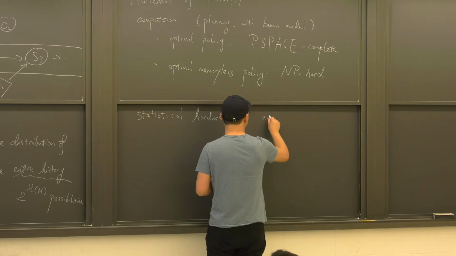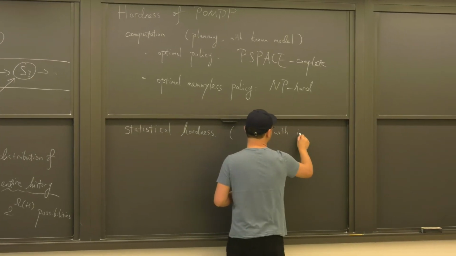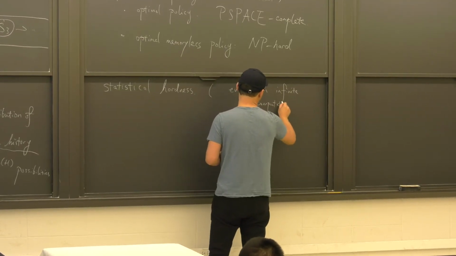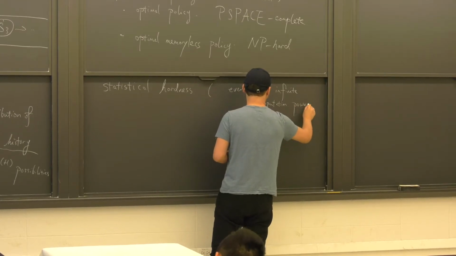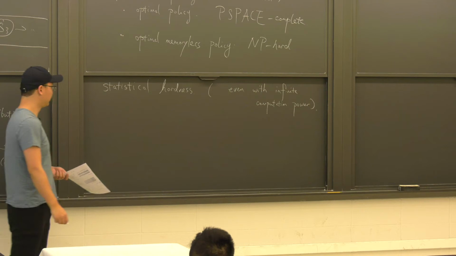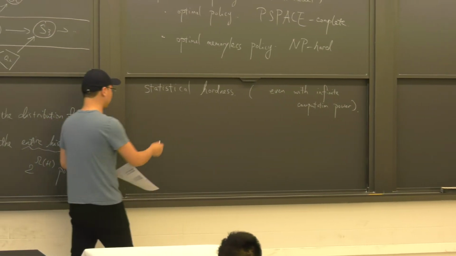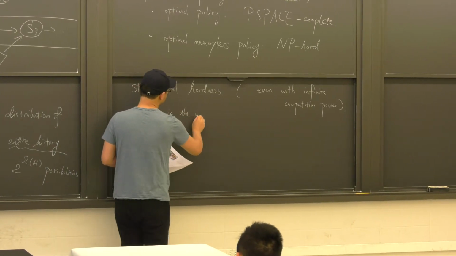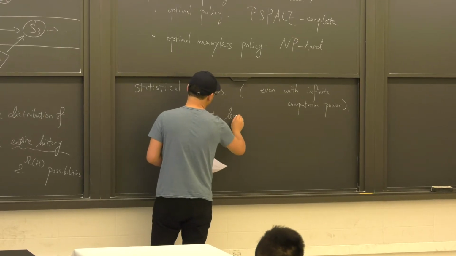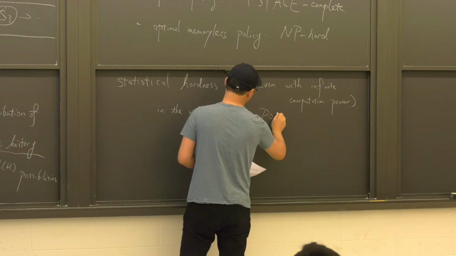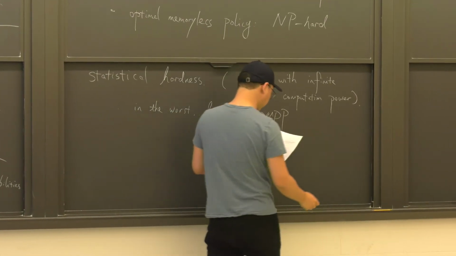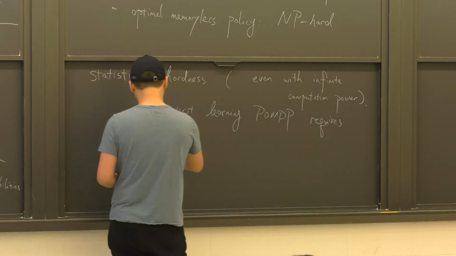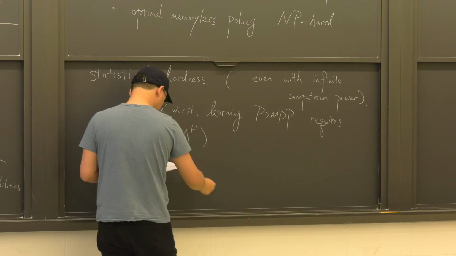Even with infinite computation power, it turns out it's easy to construct some hard instance so that in the worst case, learning POMDP requires omega A to the power of H samples.